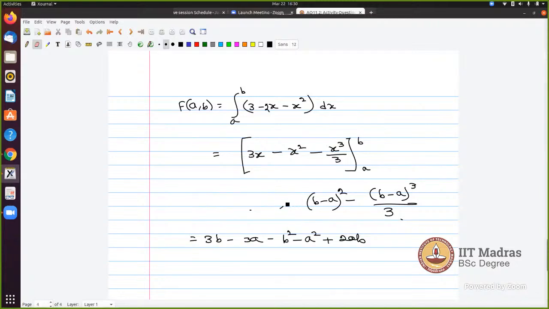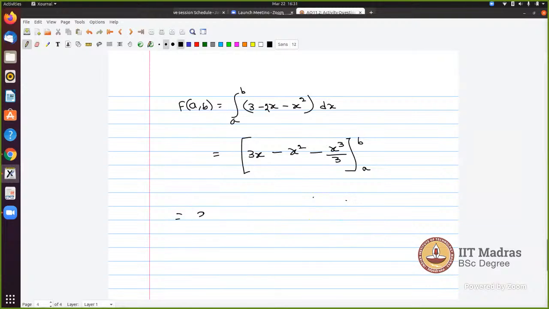Sorry, I have done this mistake. So it is 3b minus b square minus b cube by 3 minus 3a minus a square minus a cube by 3. So this is minus, so this will be plus and this will be plus.